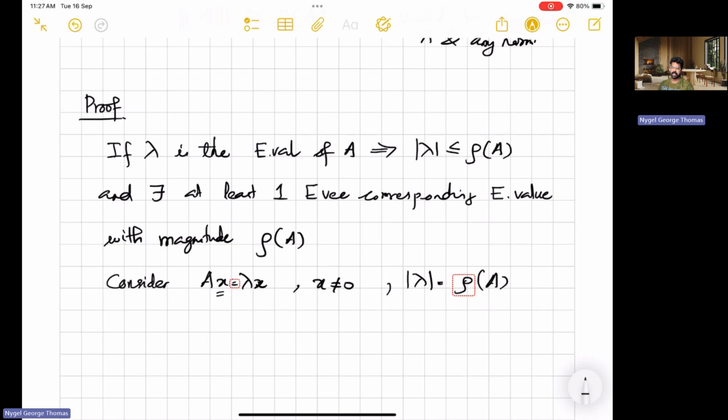I think it's better to write lambda dash. We have many eigenvalues, and lambda dash is the one which gives this, and x is the corresponding eigenvector. So lambda dash and x is an eigenvalue, eigenvector pair.